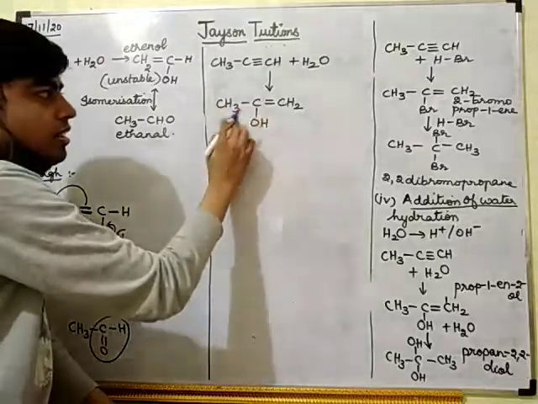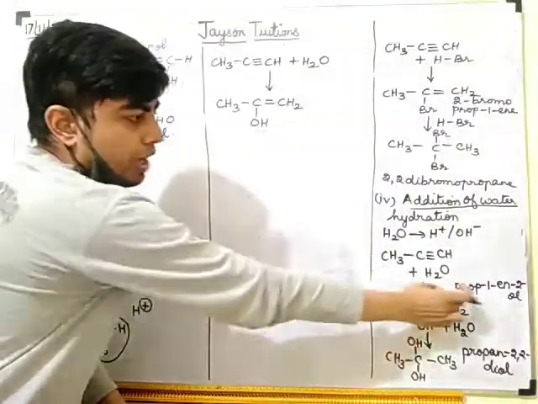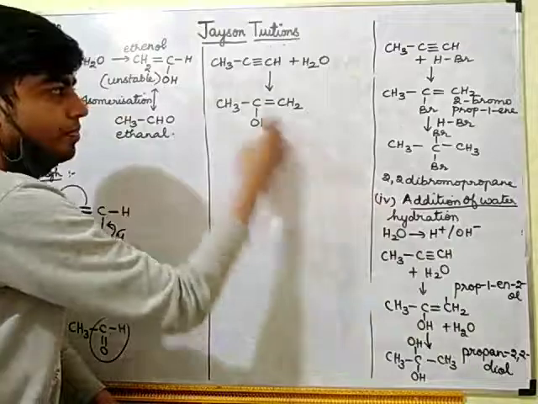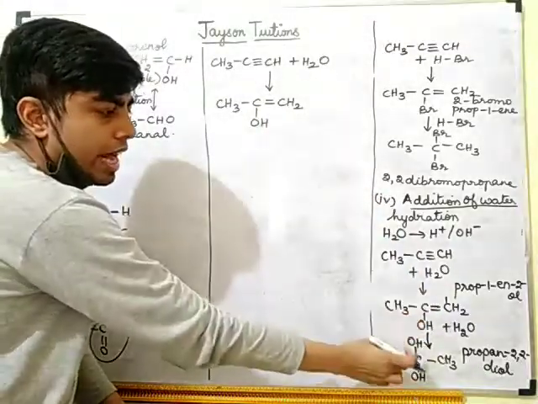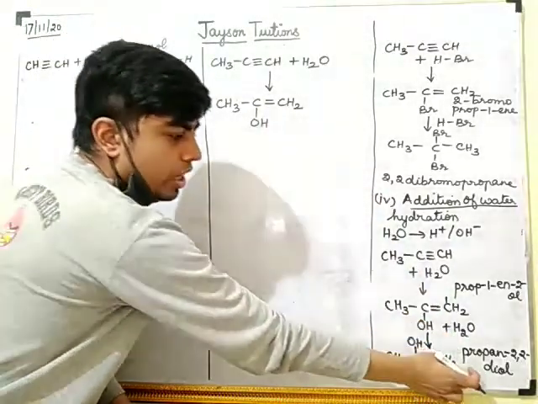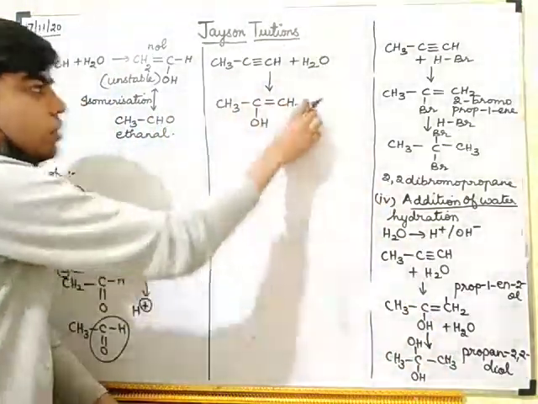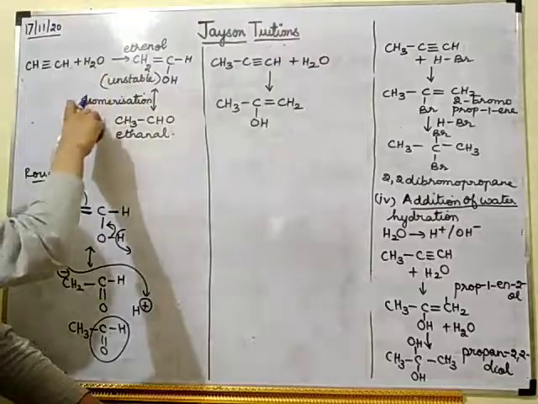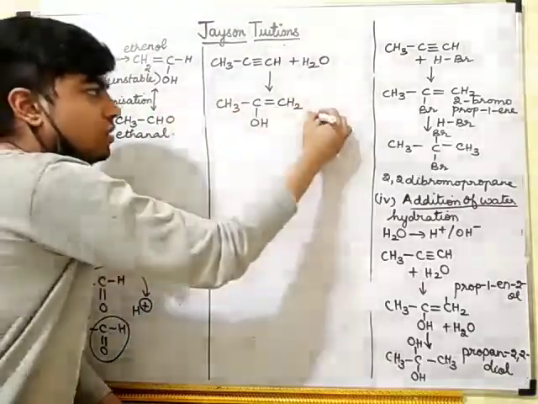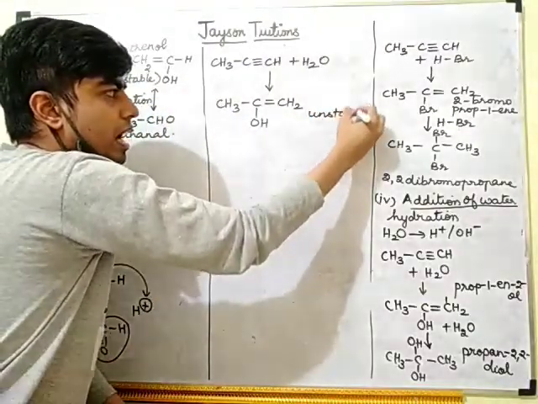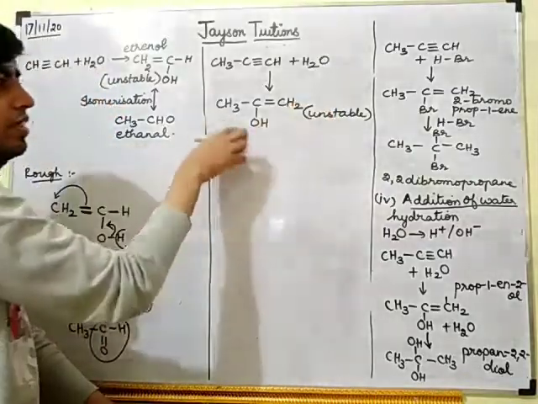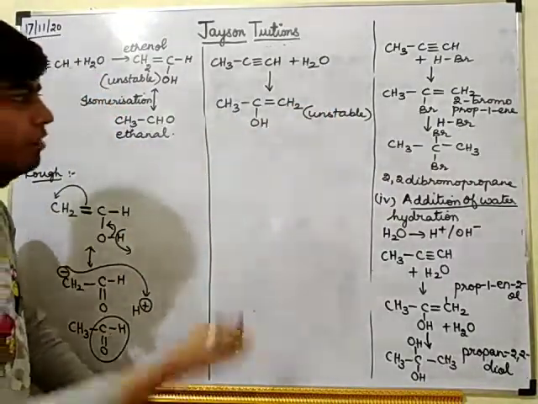This is only the propenol, yes or no, which we got here. Yes. So here we added one more water molecule and we got this product. But there is a chance for this also to undergo isomerization, because this is also unstable. So if this undergoes isomerization, what will we get?